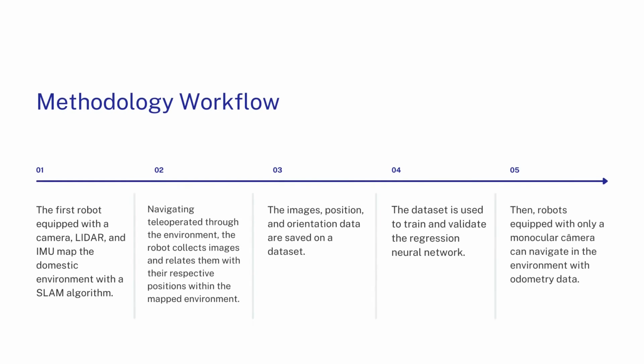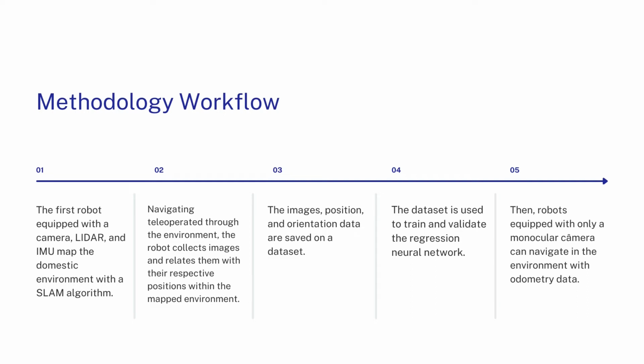Here is our workflow, where we need a first robot equipped with a camera, a LiDAR sensor, and an IMU to map the domestic environment with a SLAM algorithm. Once we obtain this map by navigating the environment, we teleoperate the robot through the environment. Then we build a dataset relating the images to position and orientation data from this SLAM algorithm.